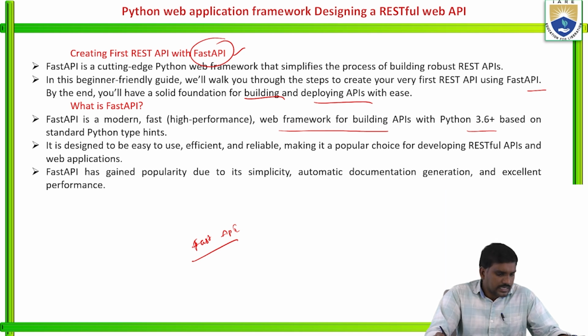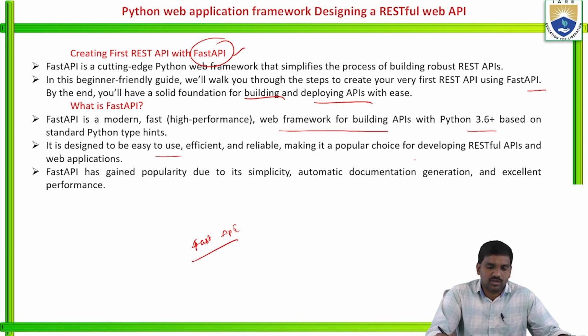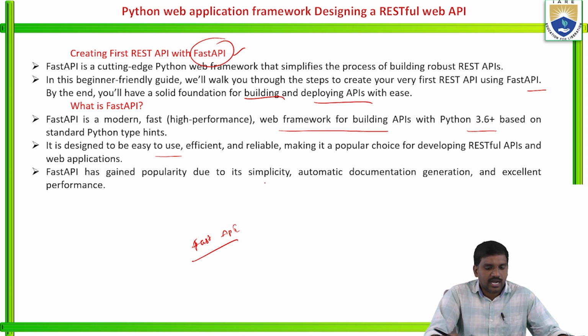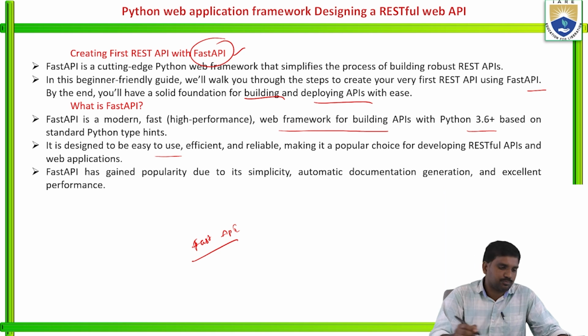It is designed to be efficient and reliable, making it a popular choice for developing RESTful APIs and web applications. FastAPI has gained popularity due to its simplicity, automatic documentation generation, and excellent performance. So that is the FastAPI introduction.